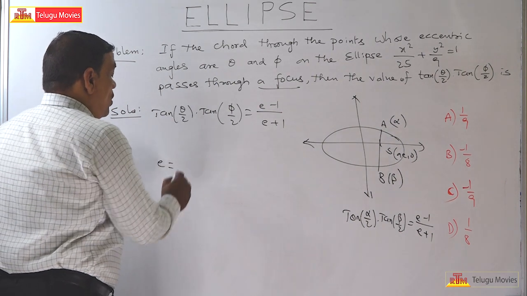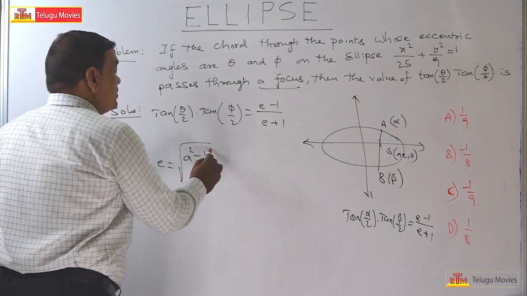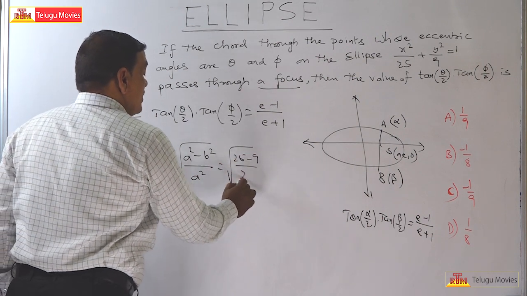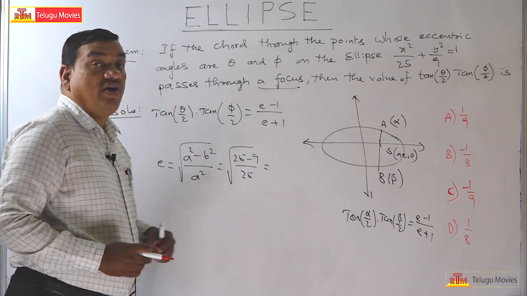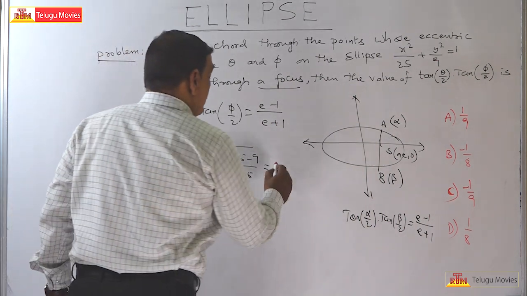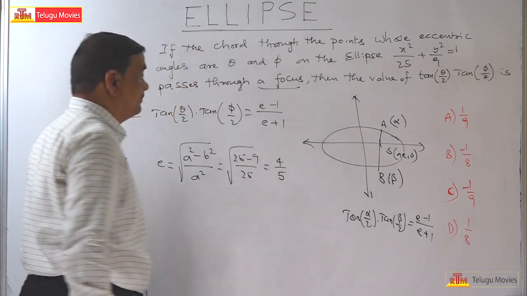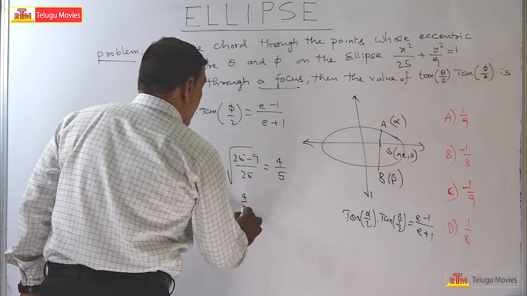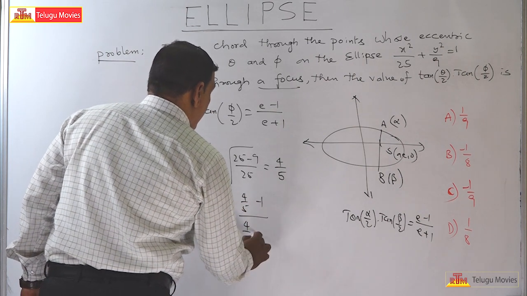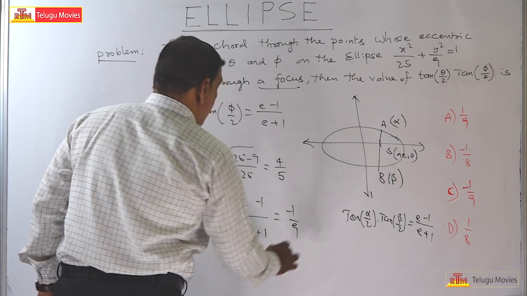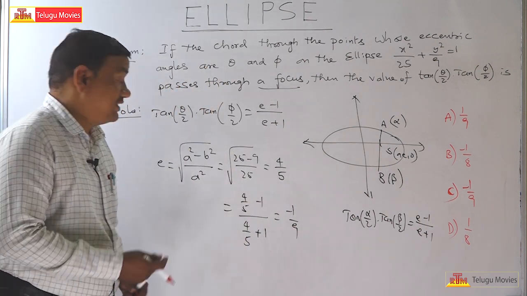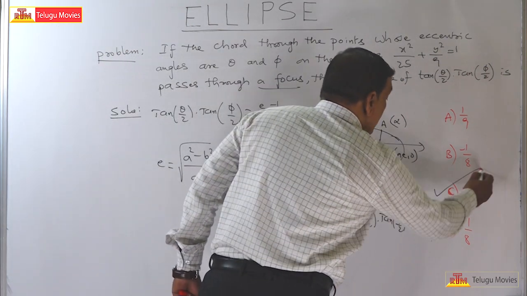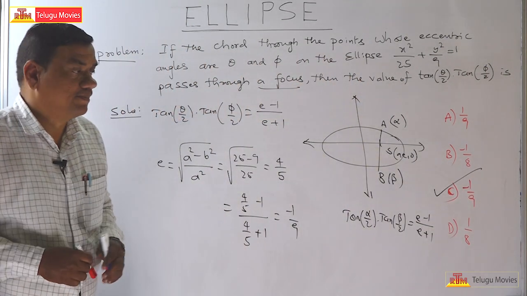E is equal to root of A square minus B square by A square, that is equal to root of 25 minus 9 by 25, that is 16 by 25, that is equal to 4 by 5. So, substitute E is equal to 4 by 5. Here 4 by 5 minus 1 by 4 by 5 plus 1, this is minus 1 by 9. 4 minus 5 is minus 1 by 5, I cancel, minus 1 by 9. Therefore, minus 1 by 9 will be our answer.